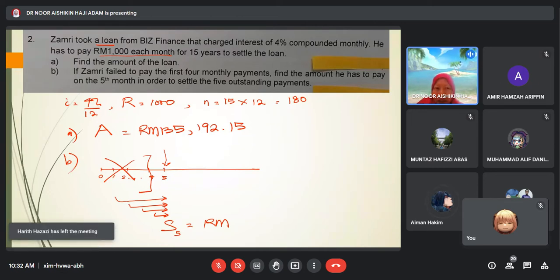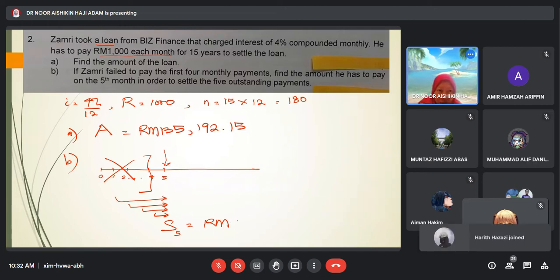Okay? To settle the 5 payments outstanding for the first 4 months, but there is one payment due on the 5th month, so you want S5. What is S5 then, Firdaus? Firdaus?